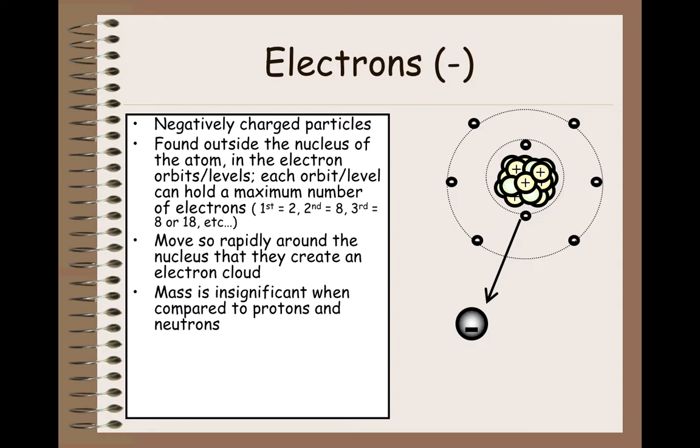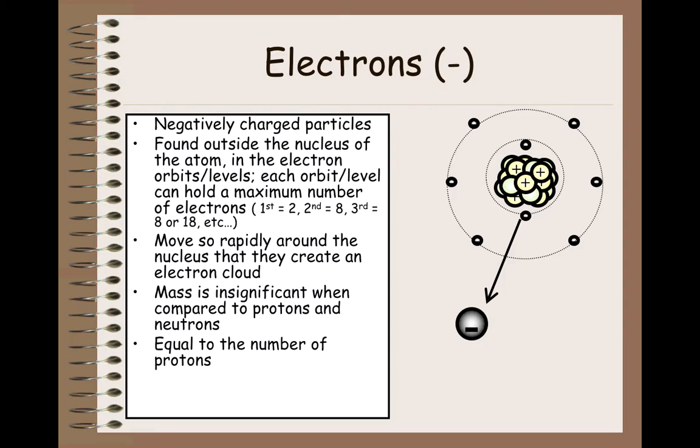So when we're trying to find the number of neutrons, we always use the atomic mass minus our protons, because those are much heavier particles, whereas the electrons hardly have a mass that you can even measure.